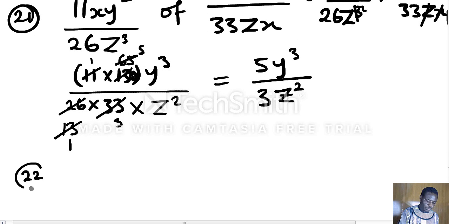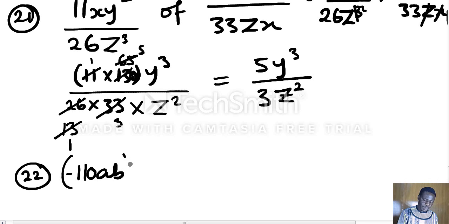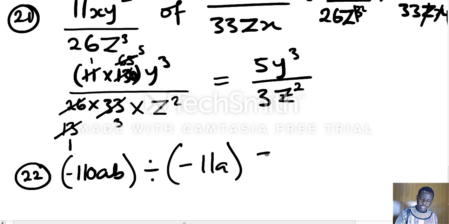22, which happens to be the last question on this exercise, no? Says minus 110ab divided by minus 11a. This is equal to, you can write it as a fraction, minus 110ab divided by minus 11a.